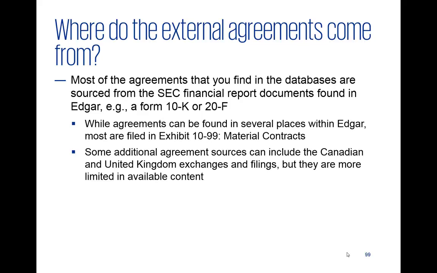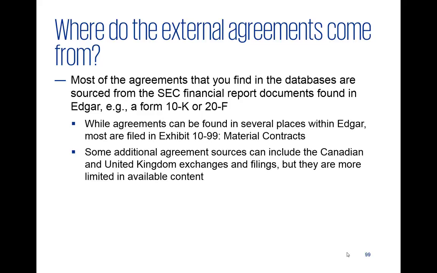So when firms file their financial statements, they need to disclose these material contracts, and these material contracts often have all the detailed information you may need to qualify them as being comparable or not comparable to the controlled transaction that you're studying. There are also some other sources that include the Canadian and the United Kingdom exchanges and filings. They're a little bit more limited in their availability, but they are out there also.